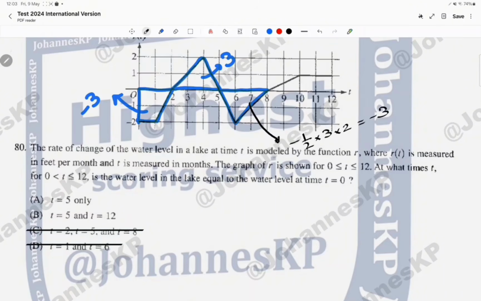So negative 3. How about this guy? Triangle and rectangle. So half base times height and rectangle, which is 2 times 1. So 1 plus 2, which is 3. So they also cancel out at time 12. So B. Good.